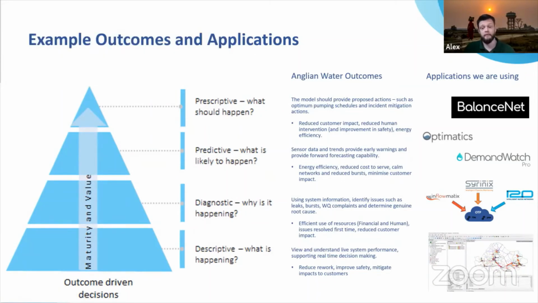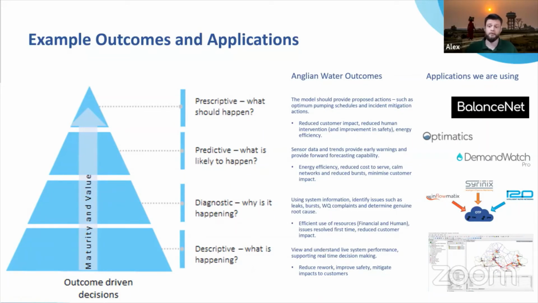Thanks, Pedro. So I'd like to use the SWAN digital twin components of describe, diagnose, predict and prescribe to break down some of the real examples of the outcomes we're pursuing and the applications we're using to help get us there. So firstly, we're using near real-time modelling and software provided from Innovyze to do that, to visualise real-time system activity and performance.